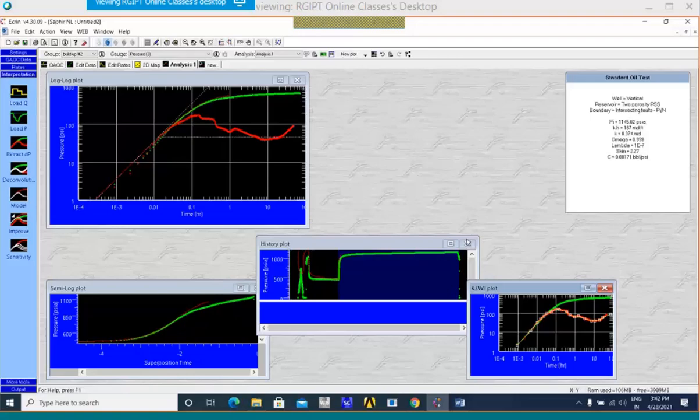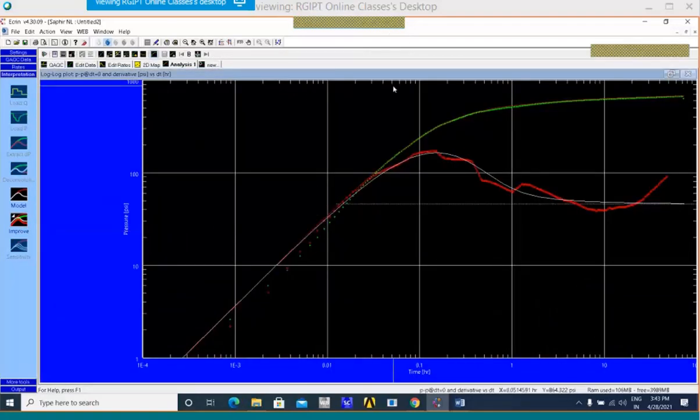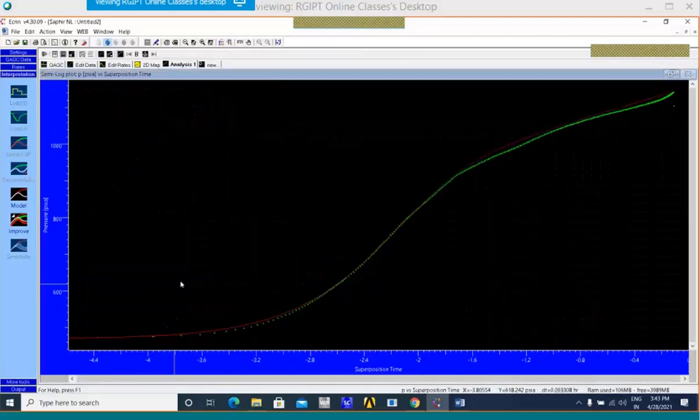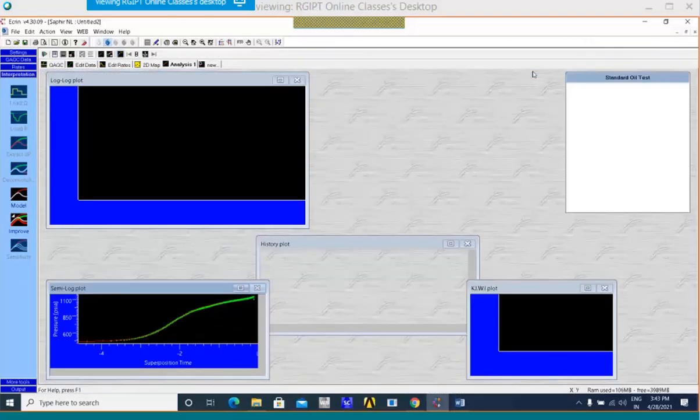Yes. My best answer is this, because here I'm having a reasonable match. If you want to see a better answer, let us try the infinite.